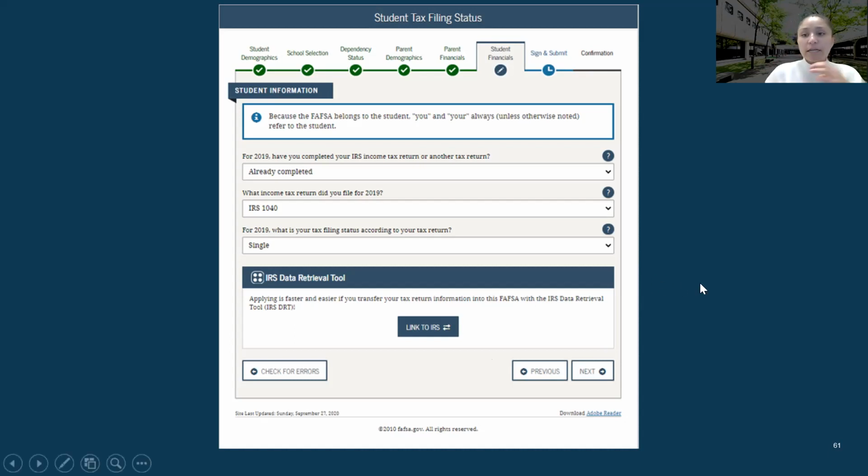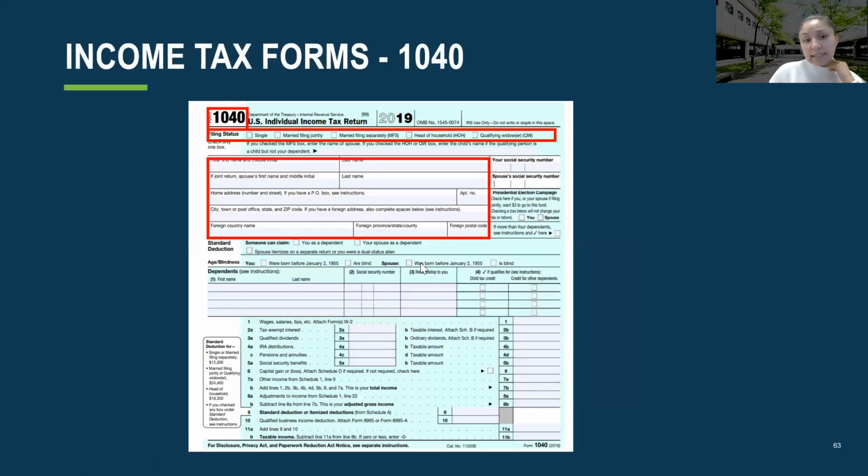And if you're curious, I just want to double check what type of form I did, you could pull out your taxes and on the left hand side corner, you will see form 1040, okay? So this will tell you what type of form you filed for 2019. It also will tell you your filing status, whether you filed single, married filing jointly, married filing separately, head of household, or you're a qualified widow.